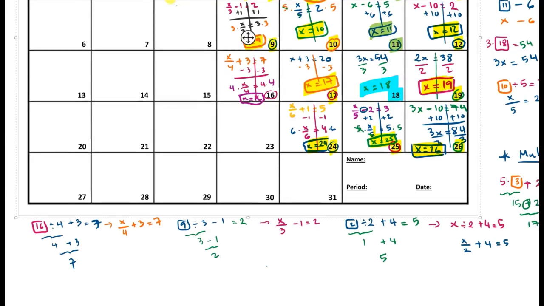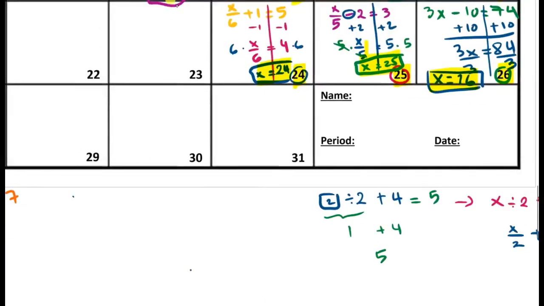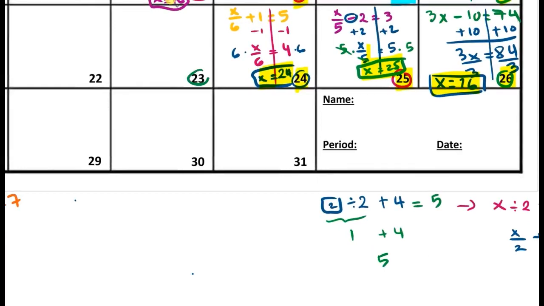Let's say I pick 23. 23 is a prime number, so there's nothing I can do to divide it except by 23 or 1.